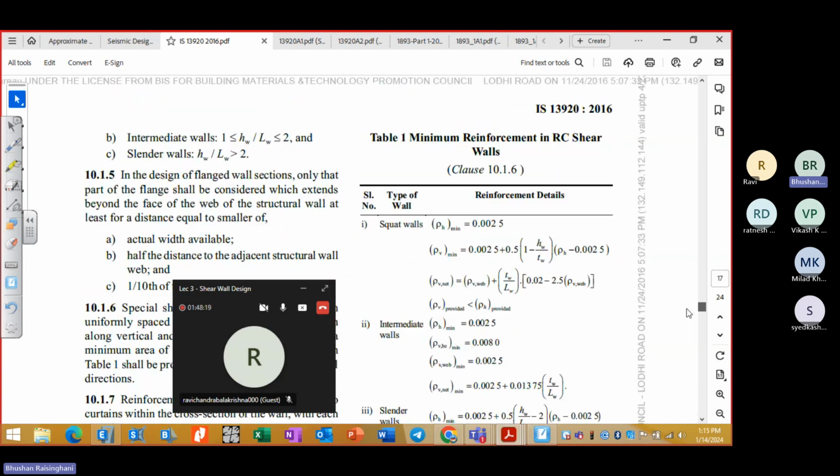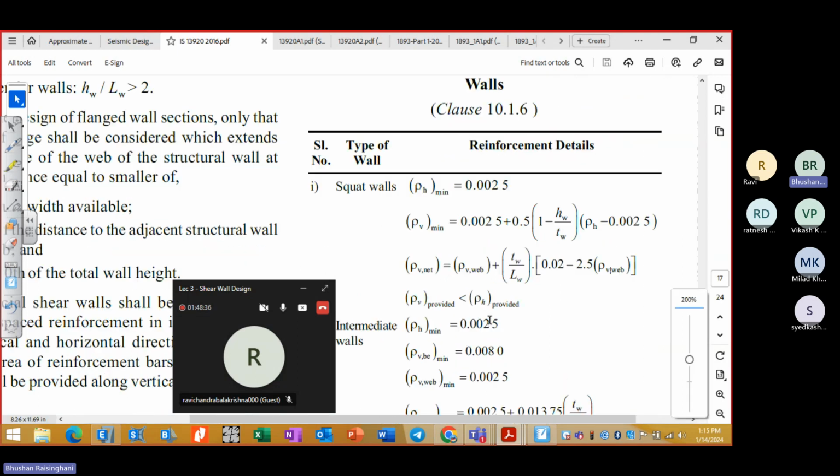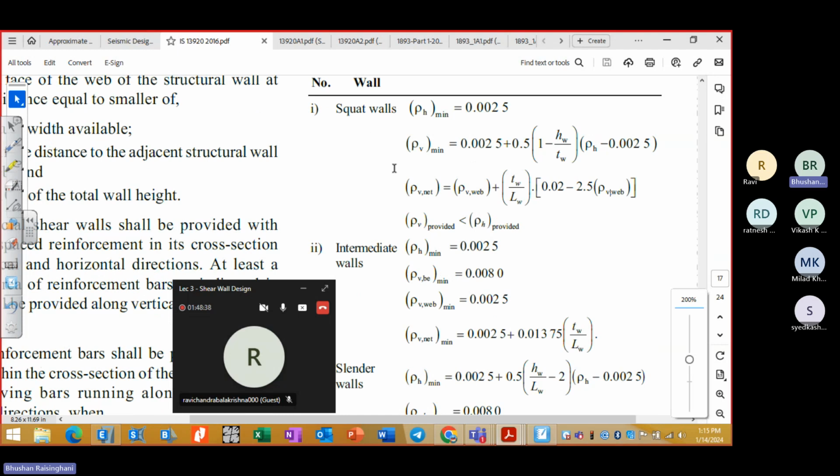So if we look at it again, horizontal minimum is with respect to gross area, rho v minimum with respect to your horizontal is given, but net area has to be satisfied, and your vertical provided should be less than horizontal provided. That is for squat walls.